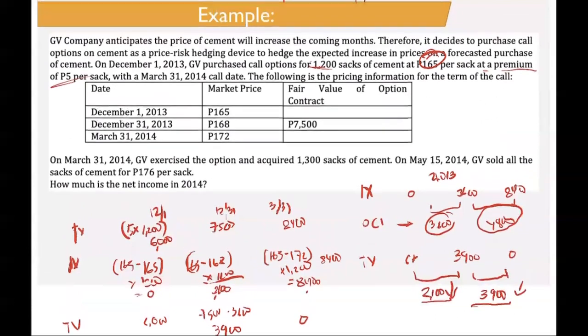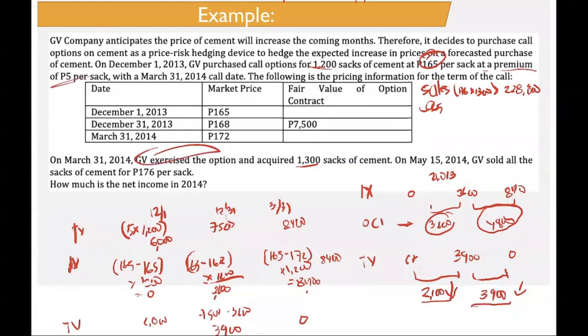To compute your net income, we compute first our sales. How much is our sales? We sold 1,300 at 176 per sack. So 176 times 1,300, 228,800. Next, we compute our cost of goods sold. For our cost of goods sold, we exercise the option.